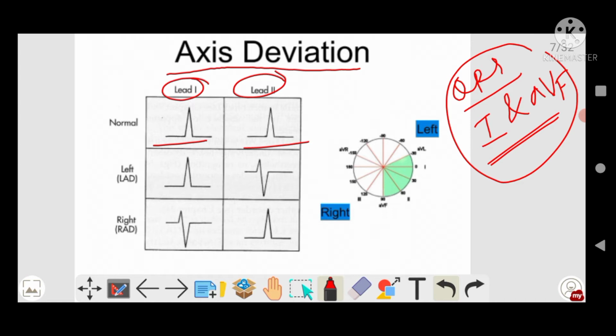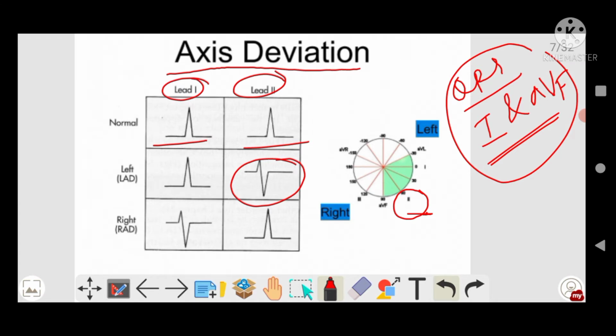But in case of left axis deviation, you will see a change in your lead 2, because your axis is now deviated towards the left. If you remember the placement of the leads, lead 2 and aVF are placed on your left side.